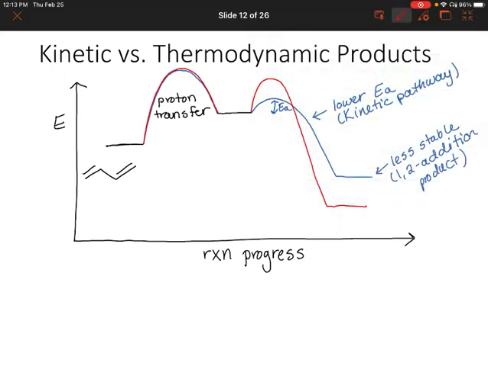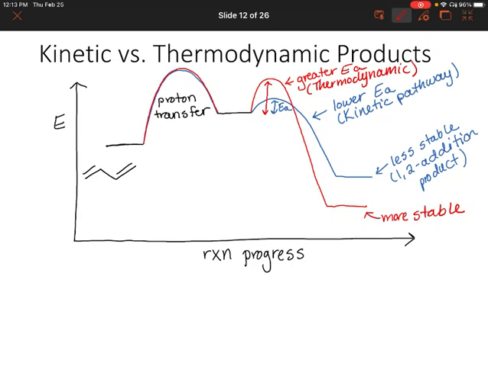Now, if we look at the red pathway, the activation energy is greater, and this is the thermodynamic pathway. But the product is more stable. Now, this could actually be either the 1,2 addition or the 1,4 addition product.